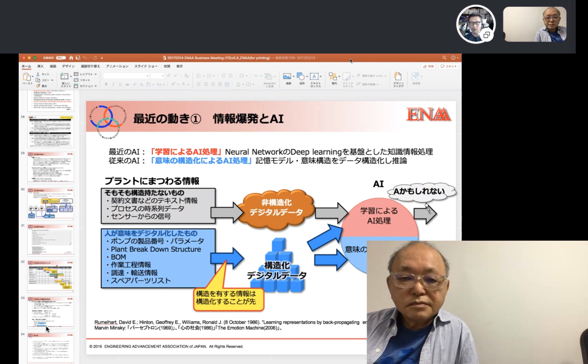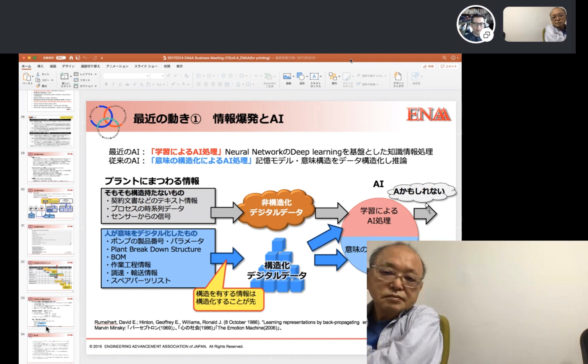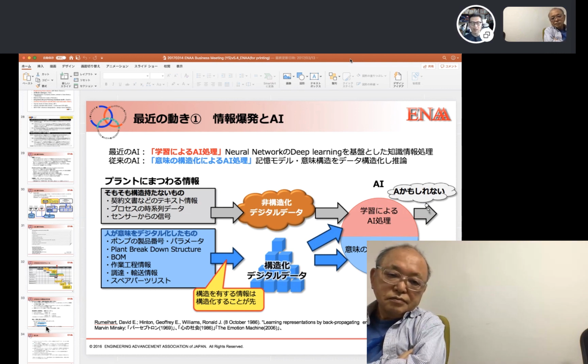That means we may be able to get some very specific result, but that will also, as I say, disappoint many executive people, because at this moment, so many executive people in the company, and also ordinary people, have too much expectation of AI.